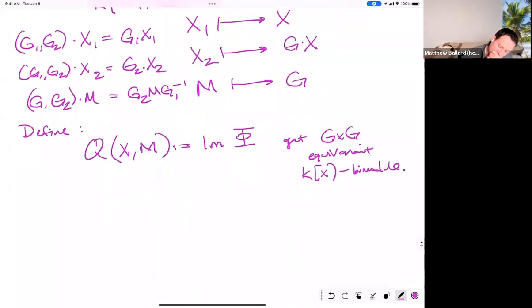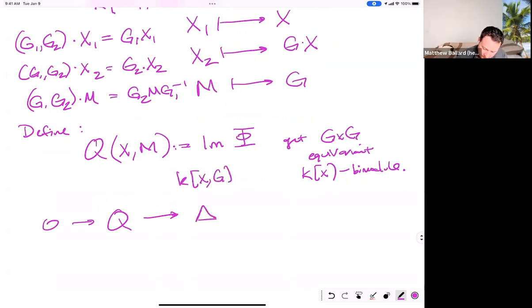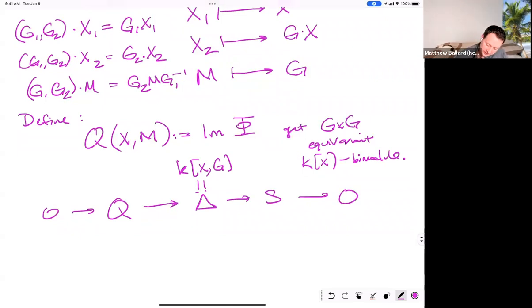This bimodule includes into functions on X cross G. I'm going to call that delta. And then we have some quotient, which I'll call S. Why do I call this delta?